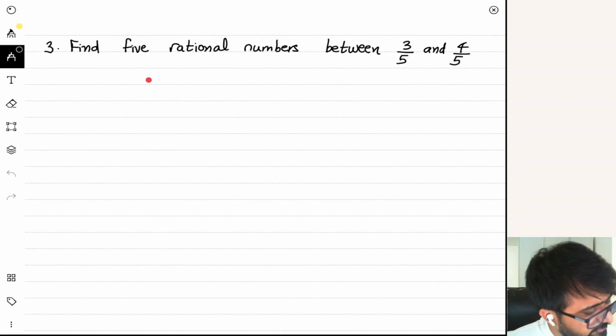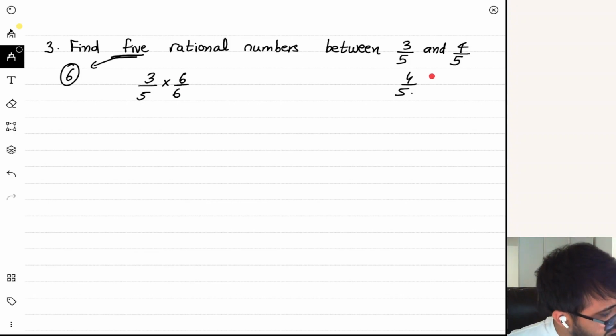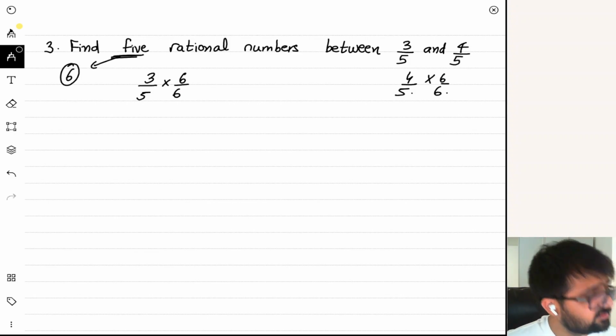Now, the most effective way I find is to write those numbers down, 3 over 5 and 4 over 5. Since I want 5 rational numbers, take any number which is greater than 5. Let's take 6. Now multiply and divide by 6. So 3 over 5 becomes 6 times 3, 18, over 6 times 5, 30.